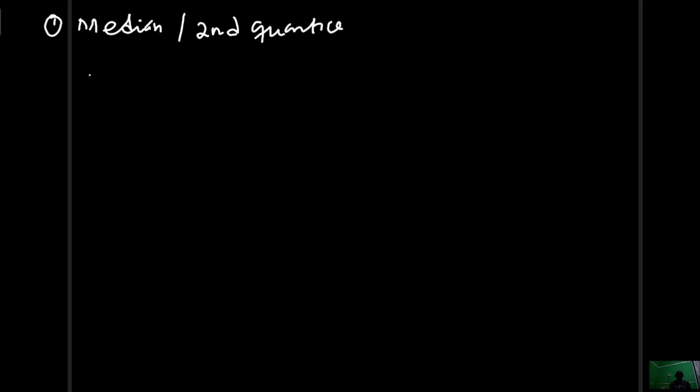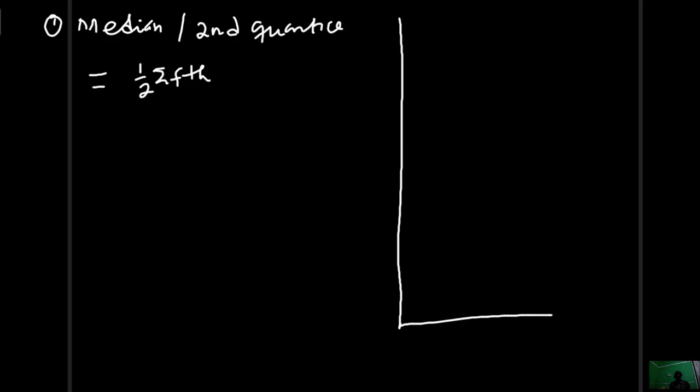A median using a cumulative frequency curve is half sigma f position. Then look for it on the graph. So let's take an example here. We have our cumulative frequency curve: 9.5, 19.5, 29.5, 39.5, 49.5.